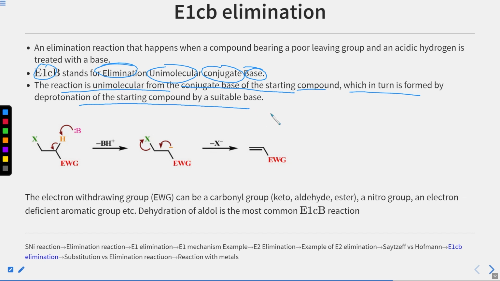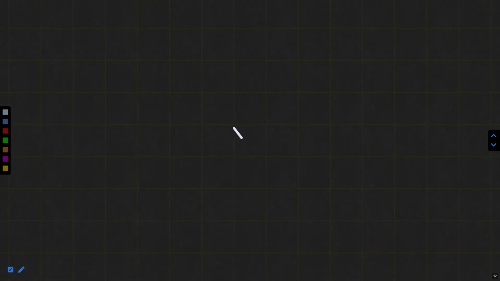So this is one example of E1CB, that is elimination, unimolecular, conjugate base. If you want a simple one, you must have seen this kind of elimination earlier, or you will see it in a later class. You know that OH is a very bad leaving group.